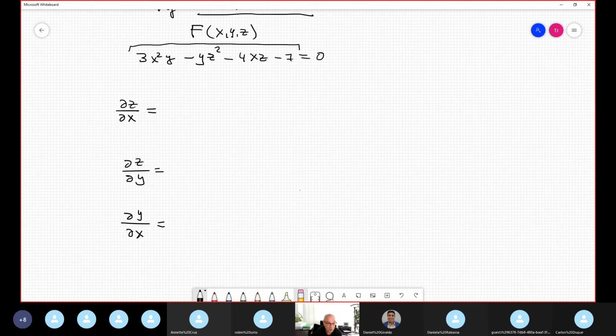Okay, the formula is clear. The formula is minus fx divided by fz. The formula here is minus fy divided by fc. And the formula here is minus fx divided by fy. And let's compute it separately.